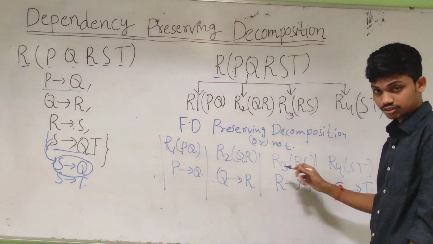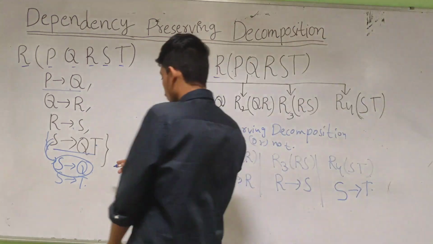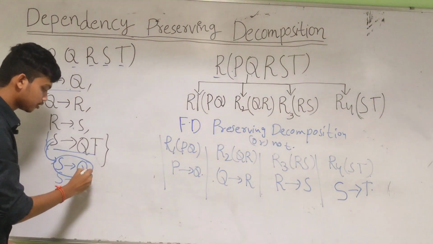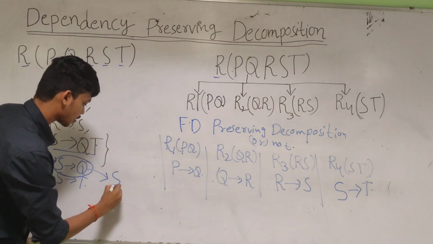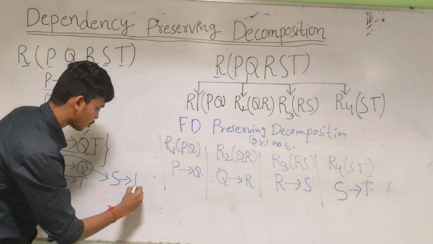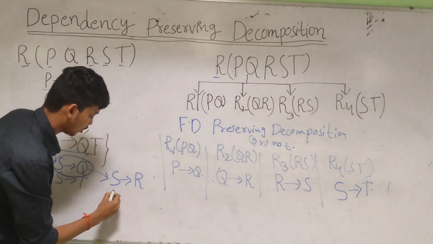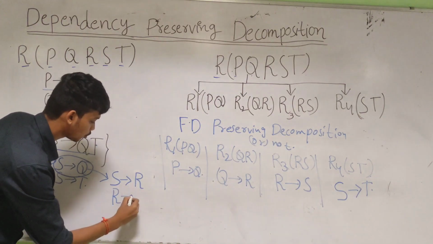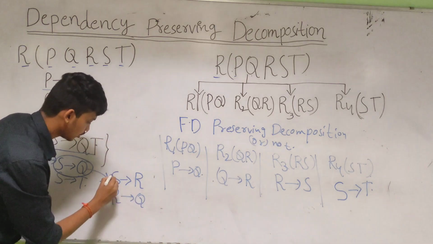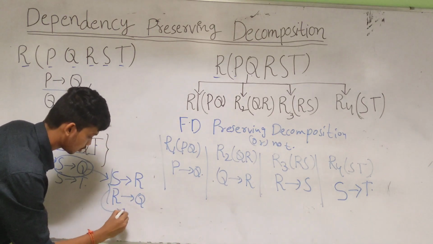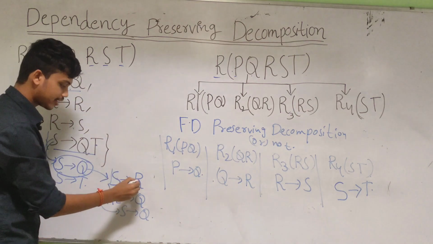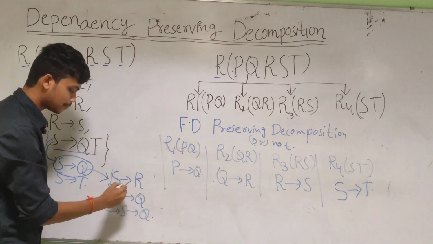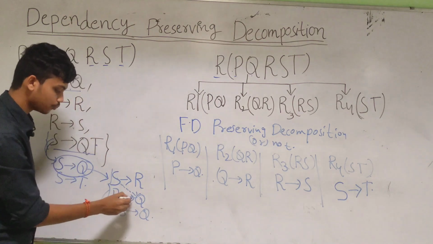SQ is not there. So we can make this S to Q into a transitive type of functional dependency. How can I make it? If I make it S to R and if I make it R to Q, this implies S to Q only.